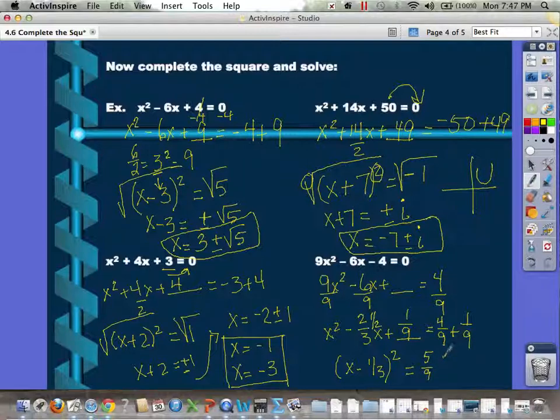I think I'm going to run out of room. All right, so when you finish this and take the square root of both sides, you're going to end up with, I'm running out of room. Let's see if I go up here and erase some stuff so I can finish my problem.